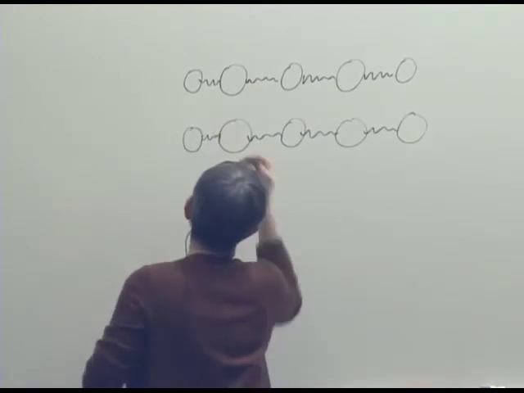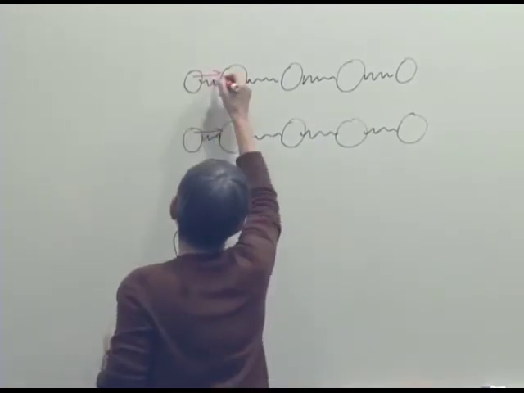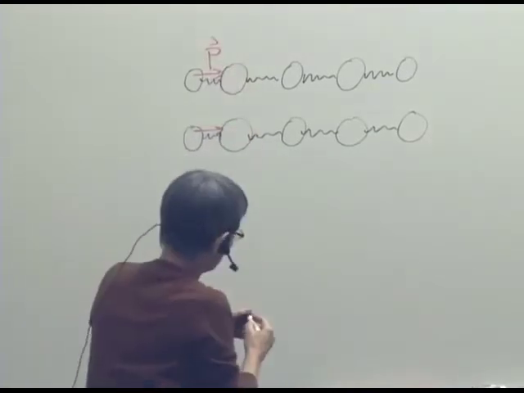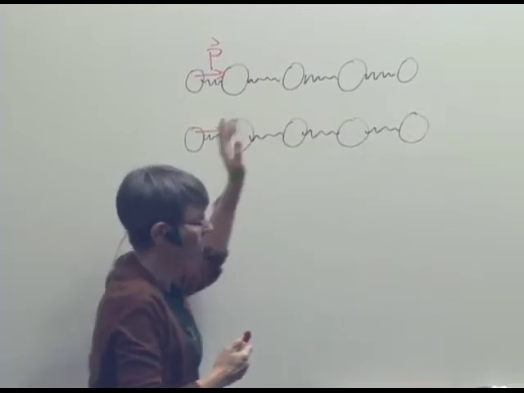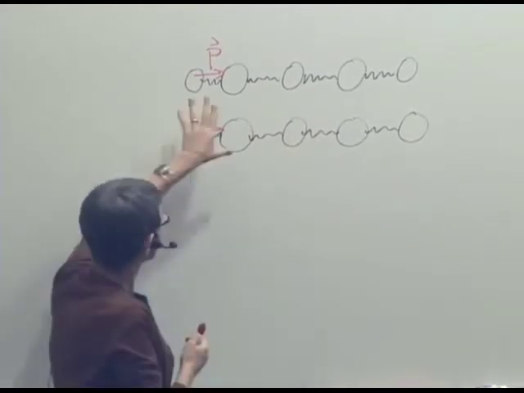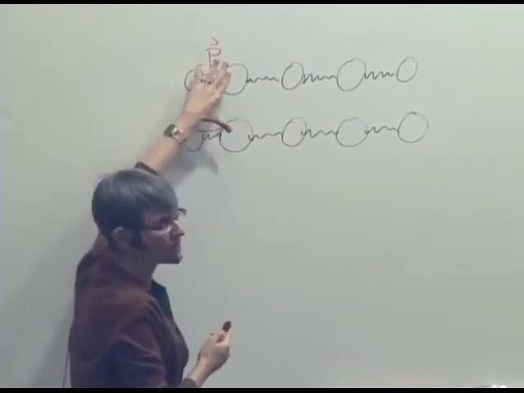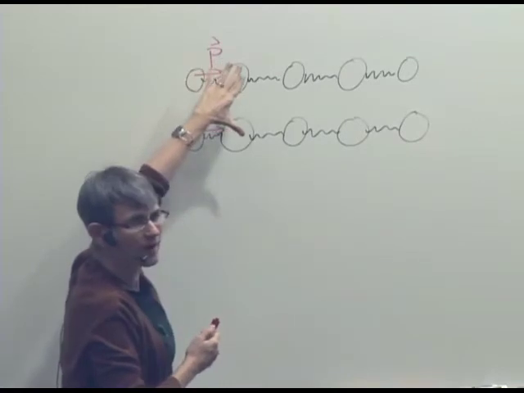So now, a very short time after I've applied the impulse, these atoms at the end are moving in the plus x direction, and they're also compressing these first bonds.